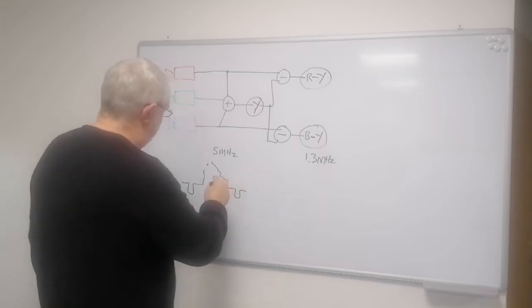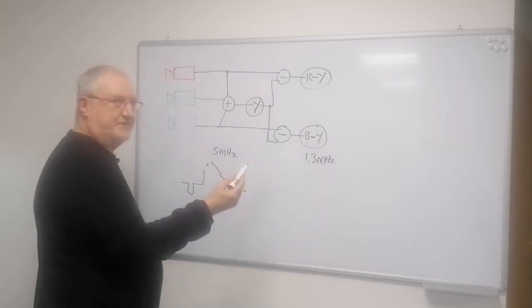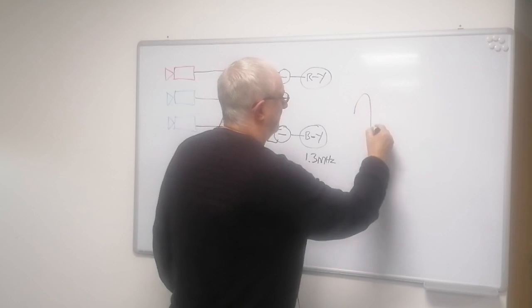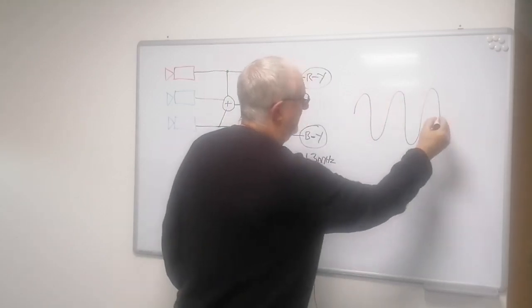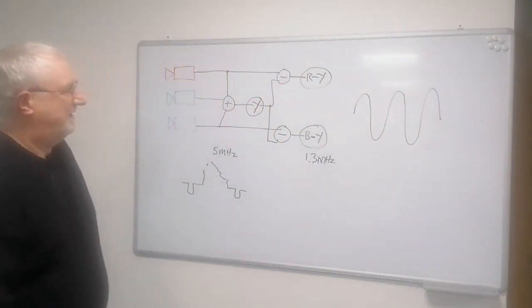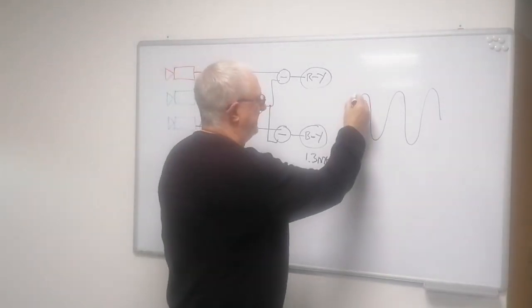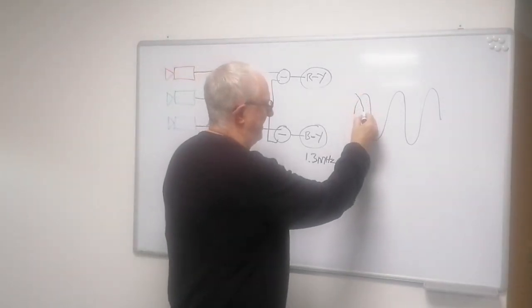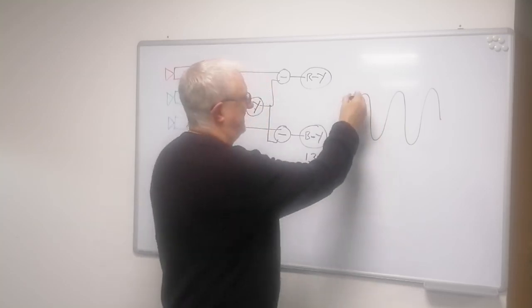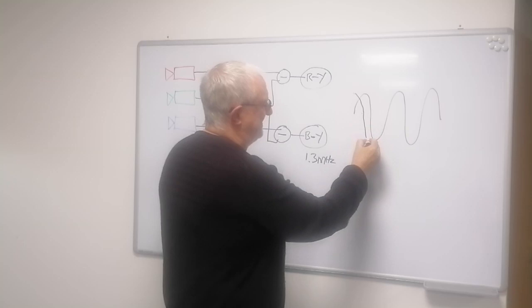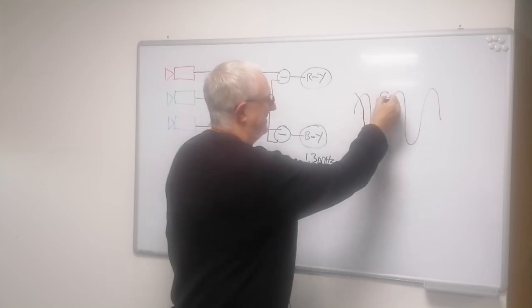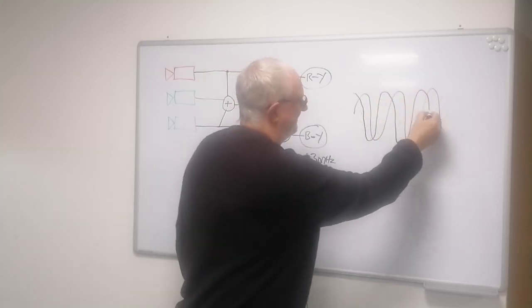What's done is to create a sine wave, like so. And then we create a cosine wave, and I'm going to draw this really badly, but you're aware that it's 90 degrees out of phase with the sine wave. So something like that.